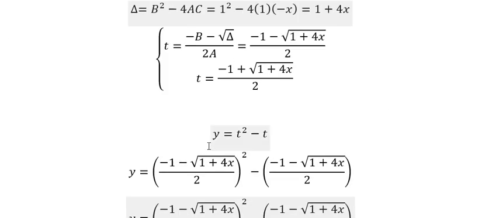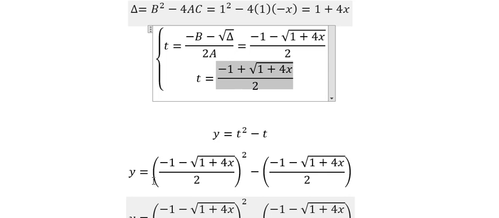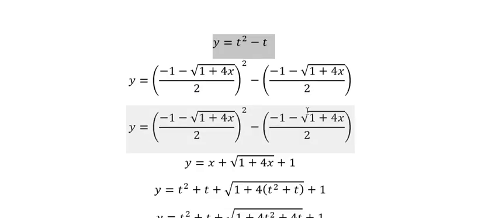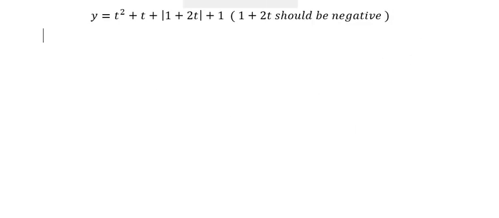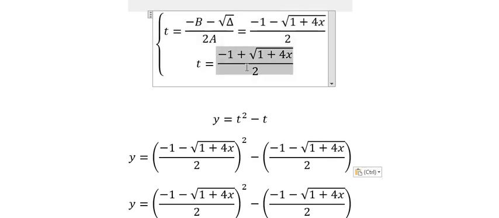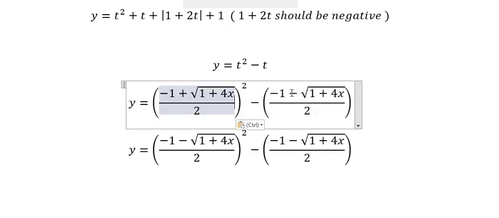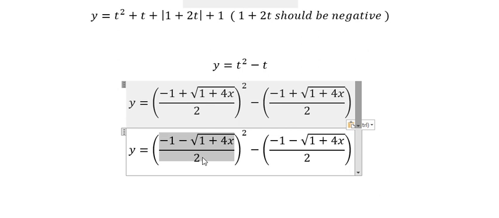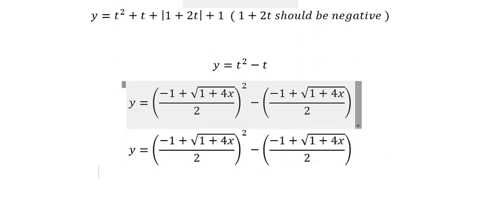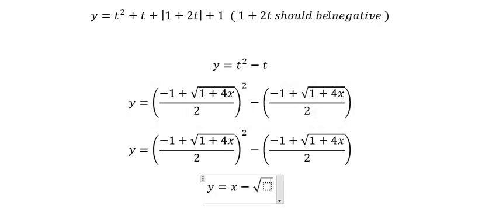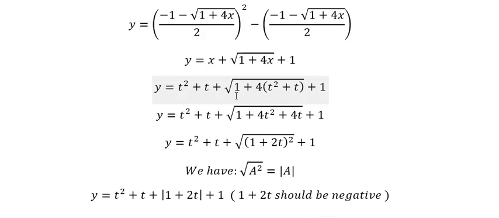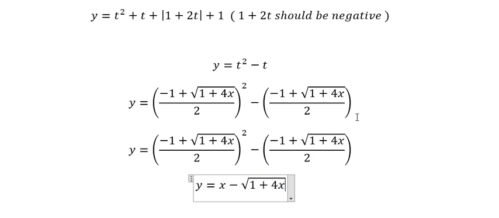So on the second one, if we do the same technique, so I will put this one go in here. And if we simplify it, we have y equals s minus the square root of 1 plus 4s plus 1.